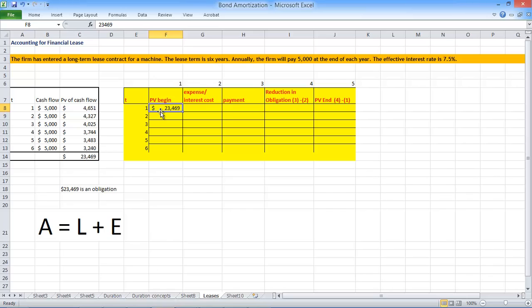So at the beginning of time 1, we have $23,469 as our obligation. So in the previous videos and every time I emphasize that whenever we have an obligation or something, we have to pay an interest on that. Okay, so that's the carrying value.